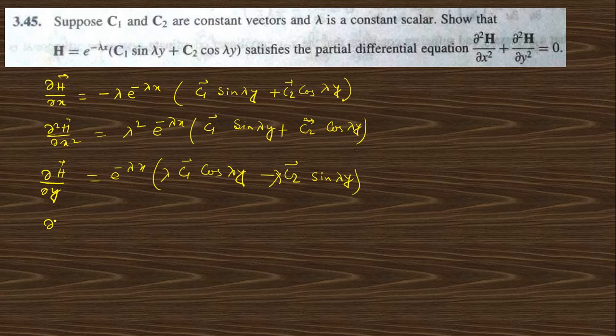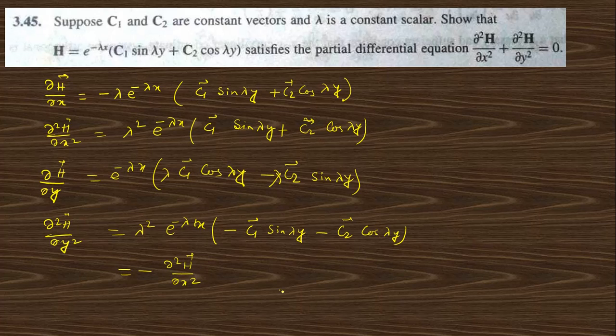And again, if we differentiate, del squared h by del y squared, there will be another lambda, so if we take lambda squared as common, this will be e to the power minus lambda x times (minus C1 vector sin lambda y minus C2 cos lambda y). So if we take minus as common, then you can say this is minus del squared h by del x squared.